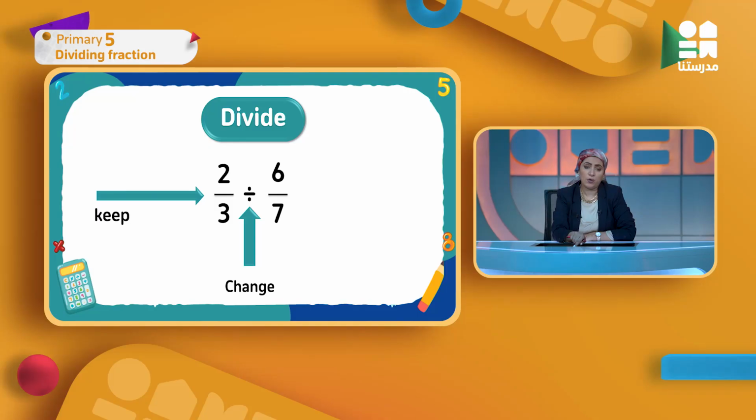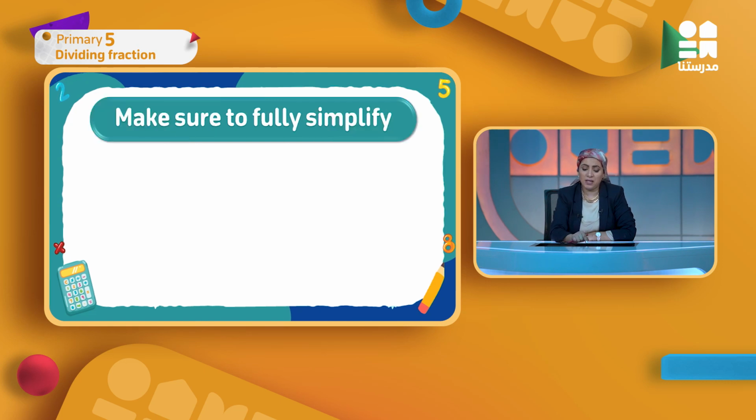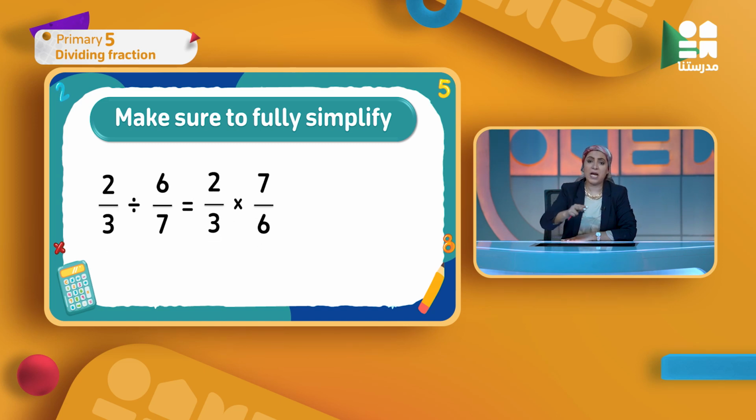Then I will go to the second fraction, and my third step, this one I have to invert or flip. What does that mean? It means I have to turn it upside down: the bottom goes on top and the top goes to the bottom. This is how I invert or flip a fraction.